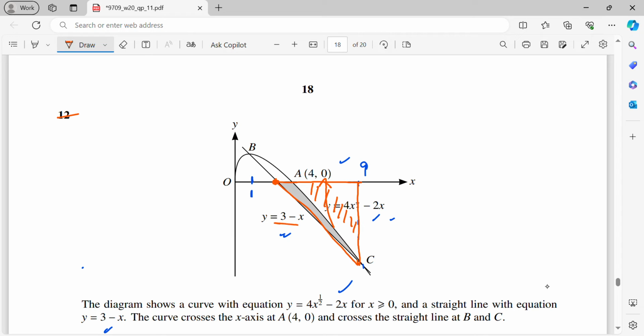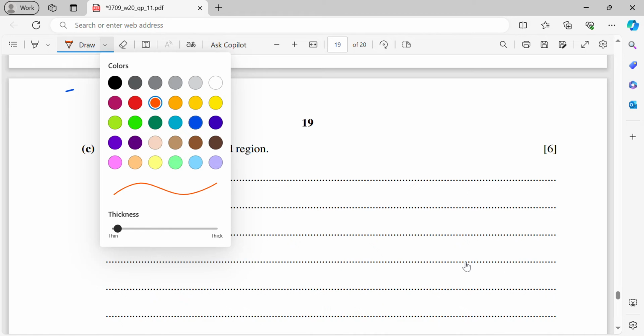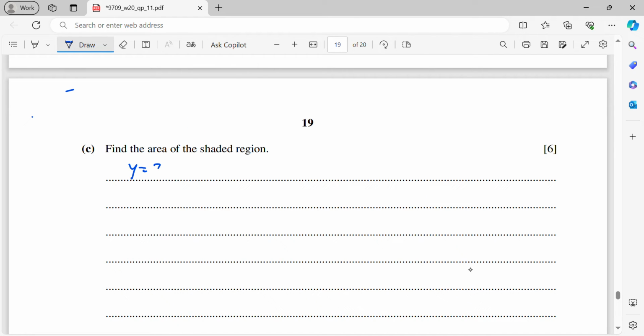So this value is found using the line and at y equals 0. Okay, so now I write first y equals 3 minus x. When y equals 0, 0 is 3 minus x. That means your x is 3.